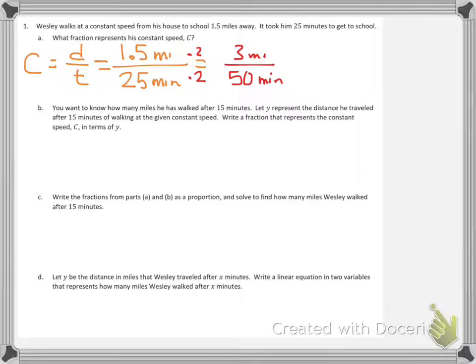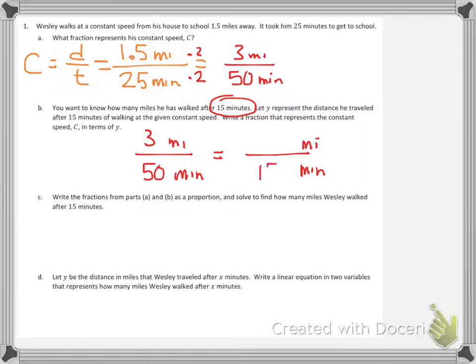I'm going to use my constant rate, 3 miles every 50 minutes, and create an equivalent ratio that also compares miles to minutes. I'm going to use the information they gave me: 15 minutes that he's going to walk. So I'm going to put 15 on the minutes side, the denominator. And y is going to be my distance, so up here is the y.